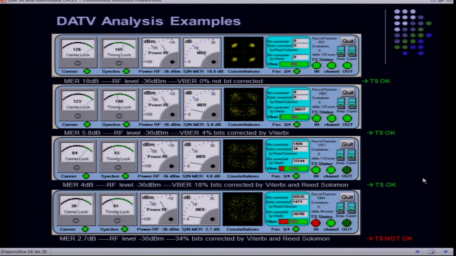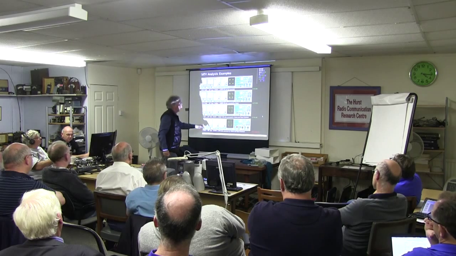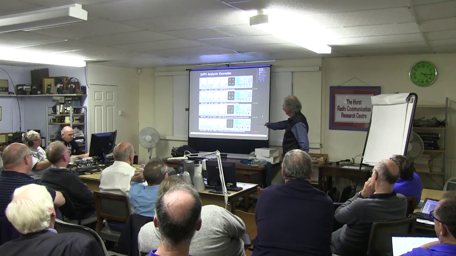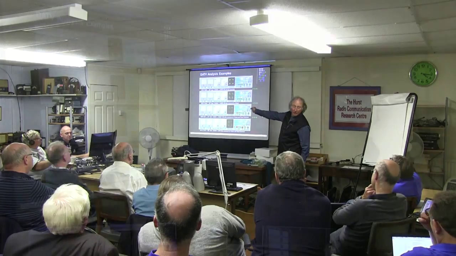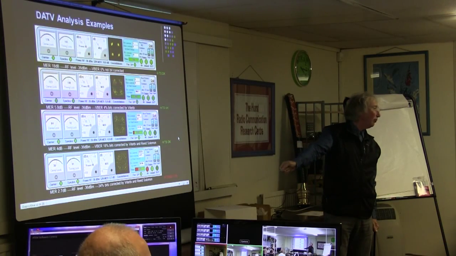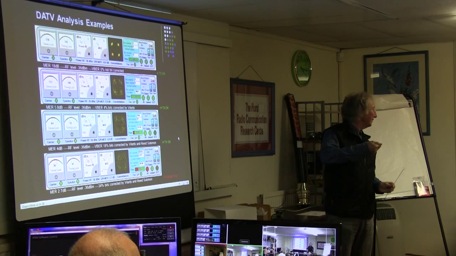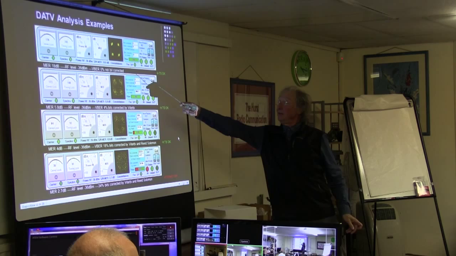So this experiment shows that it is not true. I always have the same RF level, but at the end I can't receive. What is changing? The MER. Because on my modulator, I was adding more and more noise. That's all. So here I can receive.